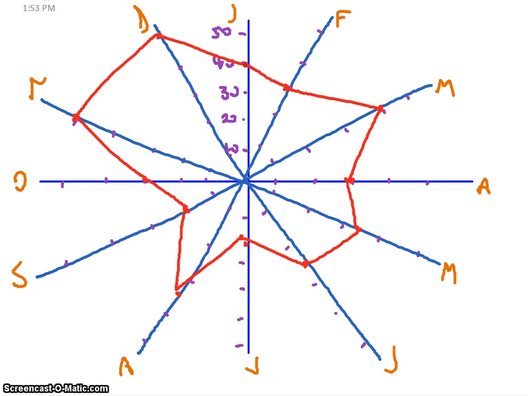September and July. And they were an average of 20. So you should now be able to tell me the difference between the maximum average and the minimum average. 30. You take your 50 minus your 20. Cool? So far you're getting all the information there. That was the difference in the average temperatures.